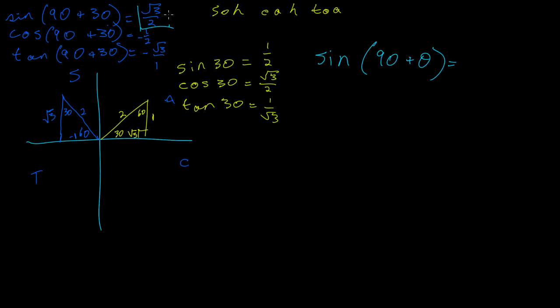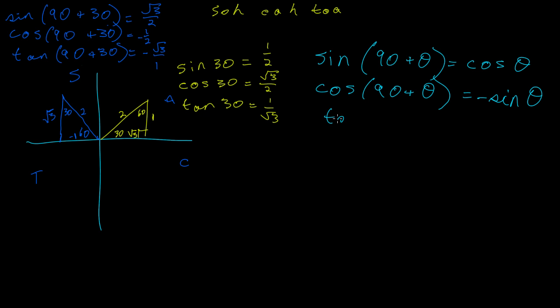This is root 3 over 2. Well, this is root 3 over 2. So we've basically done a proof now. The sine of 90 plus theta is the same as cos theta. Cos of 90 plus theta? Well, what's that? We've got negative a half. Wait a sec, that's a half. So that's minus sine theta.